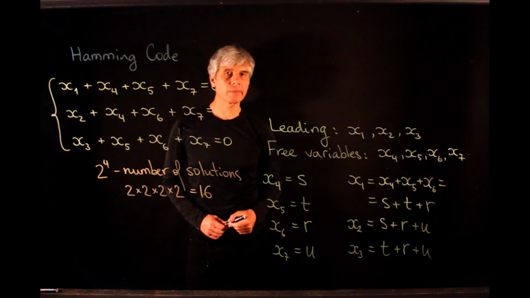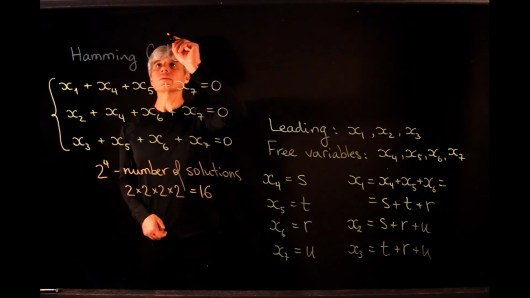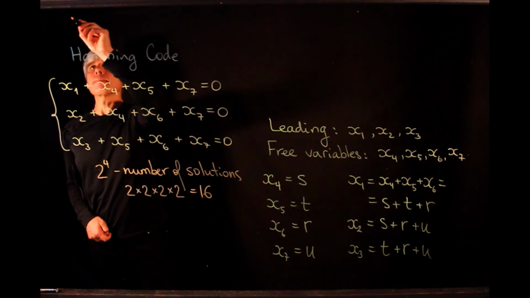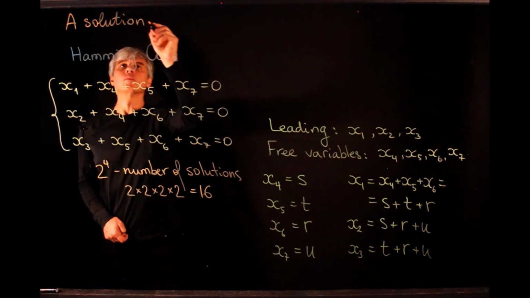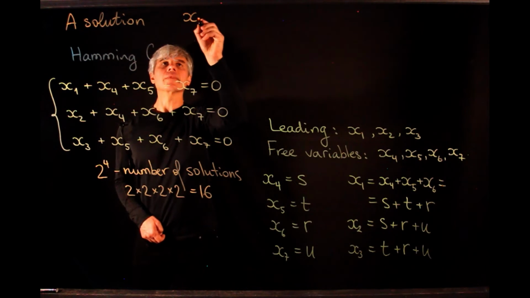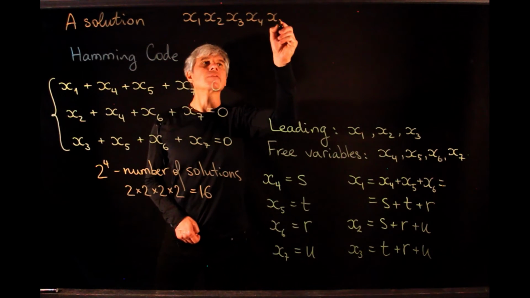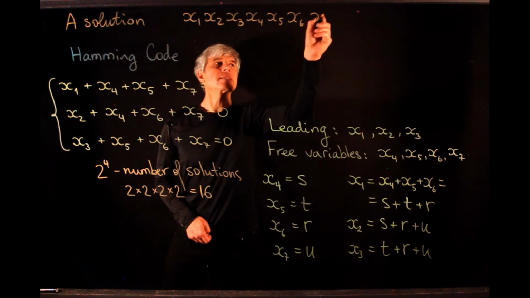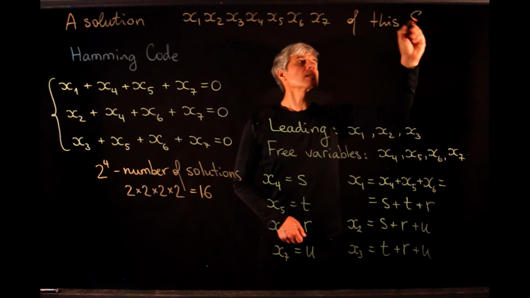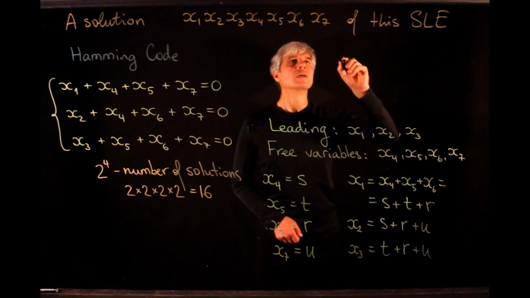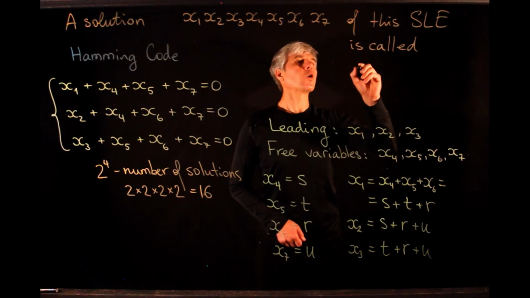Let us look at this situation from the point of view of data science. Here we say that a solution x1, x2, x3, x4, x5, x6, x7 of this system of linear equations is called a code word.